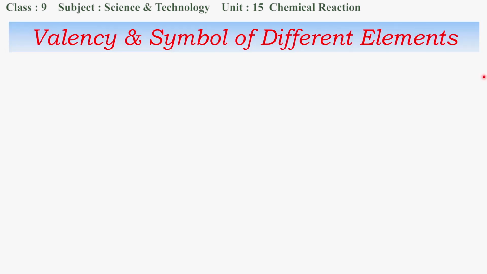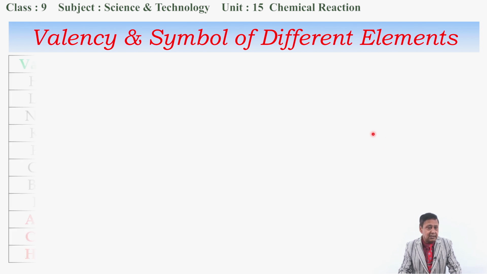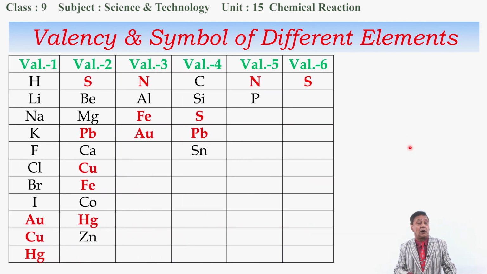Look at this: valency and symbol of different elements. Until and unless we remember all these elements, their valency and their symbol, we will not be able to write the molecular formula of the compound. And until we are able to write the molecular formula, we will not be able to write the chemical reaction.